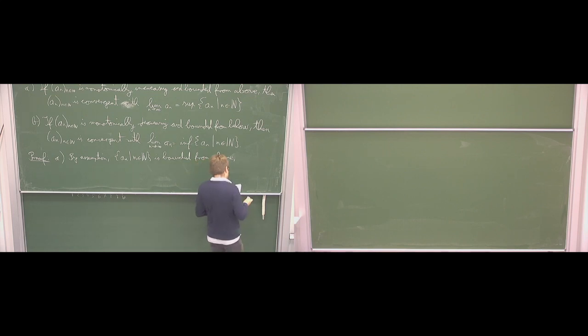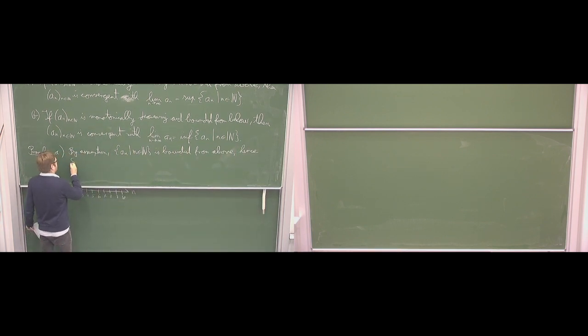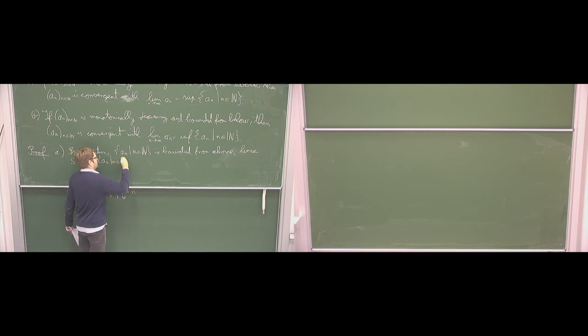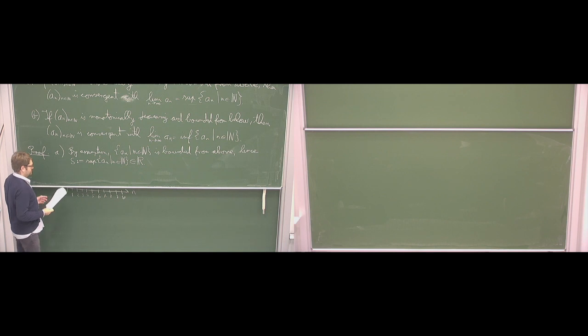So since this is a bounded set, we know that the supremum really exists as a real number. So S, which is just shorthand notation for the supremum of this set, really exists in R. And we want to show that this is indeed the limit of the sequence.